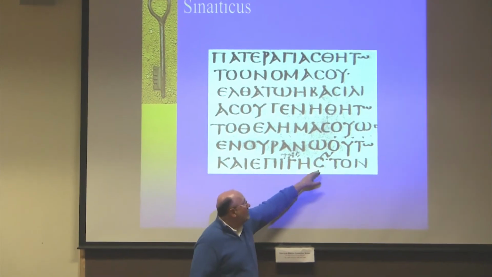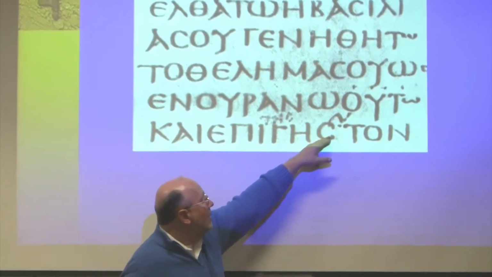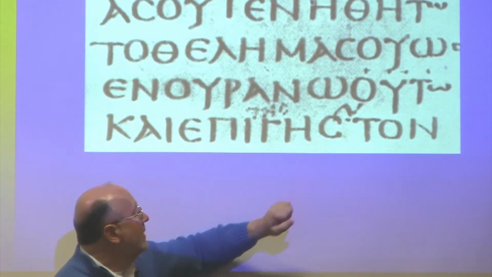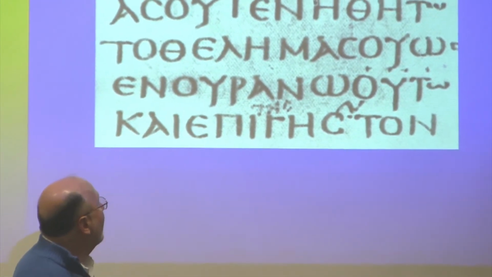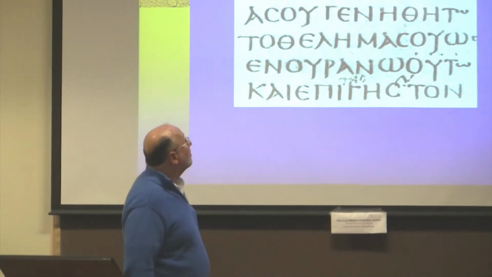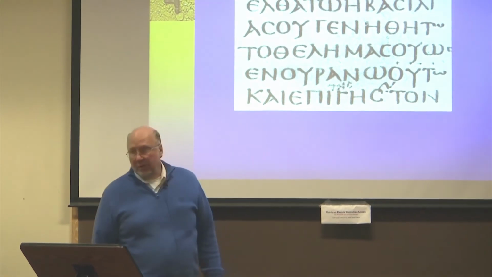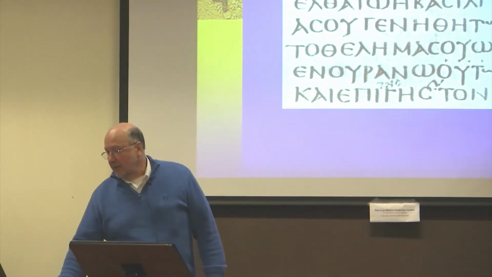This sigma looks like a C now. It's a little different than we're used to seeing sigma look, but the C's were sigmas. And then this is chi. Anyways, this is part of the Lord's Prayer out of it. But you can see all the words are run together. There's no spaces between the words. It's kind of neat.